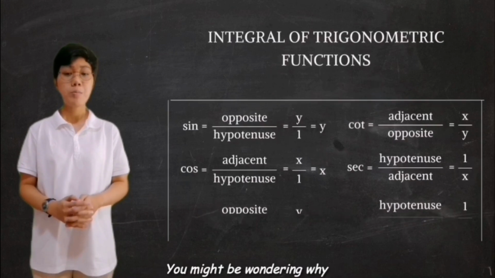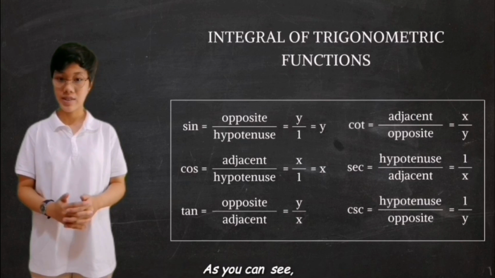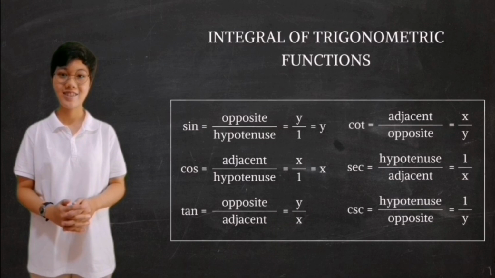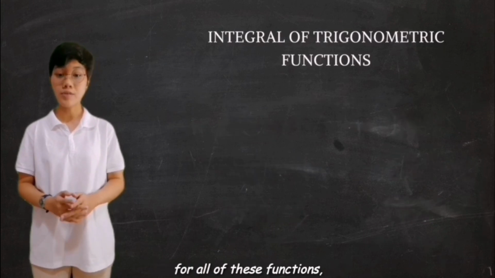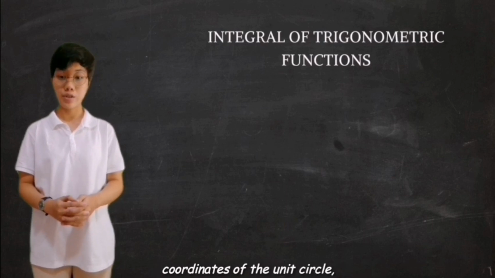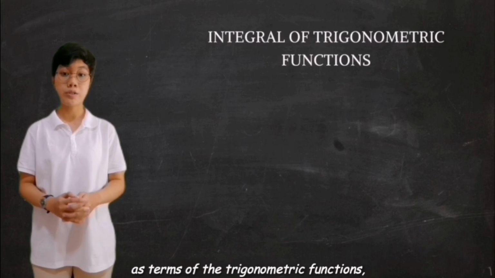You might be wondering why these formulas seem familiar to you. As you can see, this reminds us of the 6 trigonometric functions. Now, let's create new definitions for all of these functions. But instead of thinking of them as coordinates of a unit circle, we're going to consider them only as terms of the trigonometric functions.